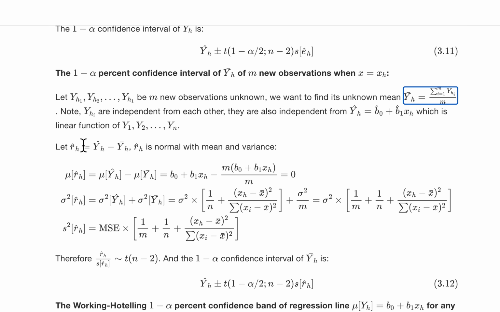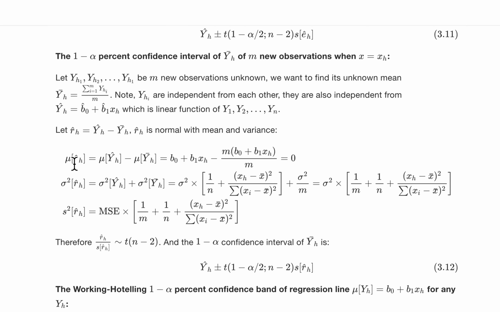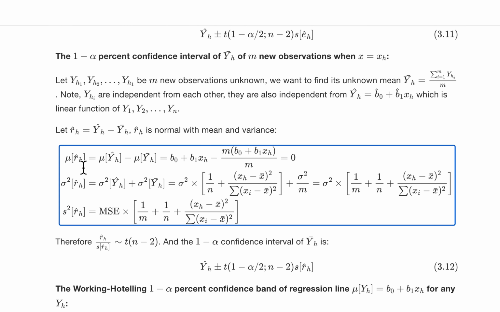So if we define R_h hat, which is Y_h hat minus Y_h bar, then R_h hat is normal with mean and variance as follows. We can prove the mean of R_h hat is 0, and we can also find the variance, same as previous ones.